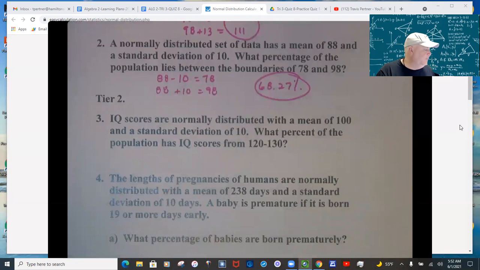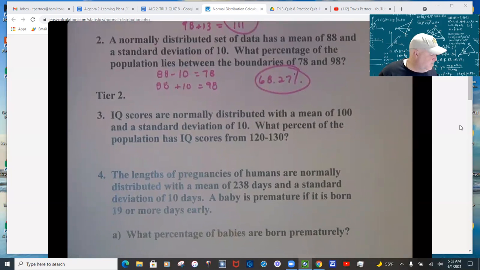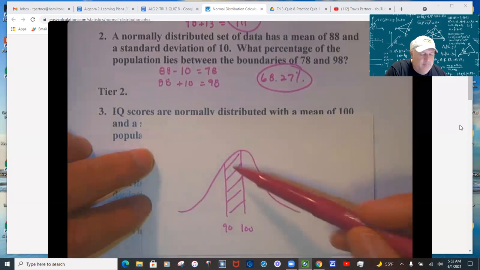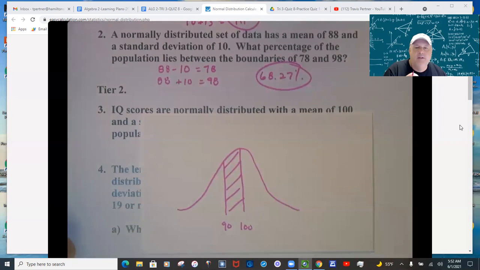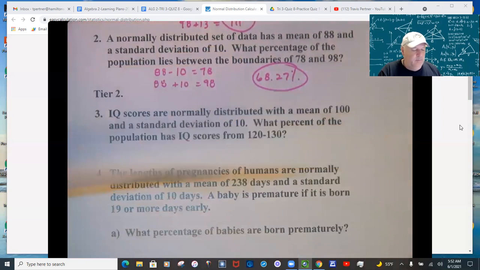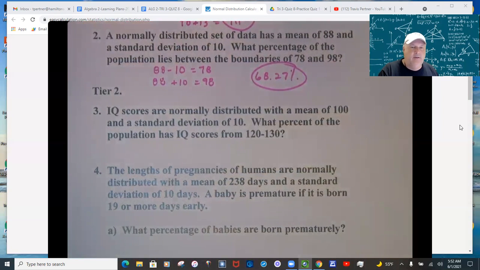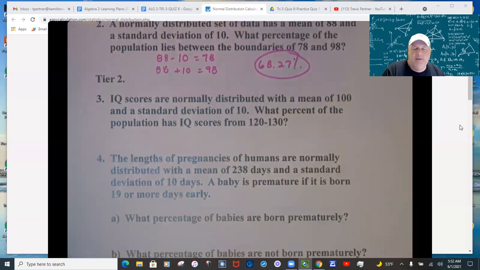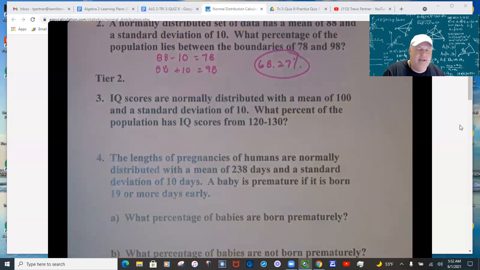Anyway, all right, so question 3, this is where you start using the calculator. What it's doing, again, this was from the previous quiz, is just figuring out the vertical swatch of the area under the standard normal curve, and that will answer the question. It's either the amount of the population or the probability, if you randomly select someone from the population, that it falls within those particular limits.